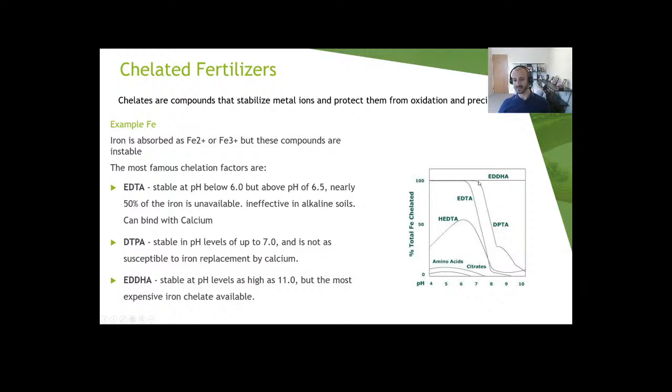EDTA is probably the cheapest, and works well up to 6 pH, but above 6 pH almost 50% of the iron is unavailable. It is also not effective in alkaline soils, so with high pH, as we said, and can easily bind with calcium. So it's cheaper, but it can create some sort of competition because it can bind with calcium, and we don't want this, of course.